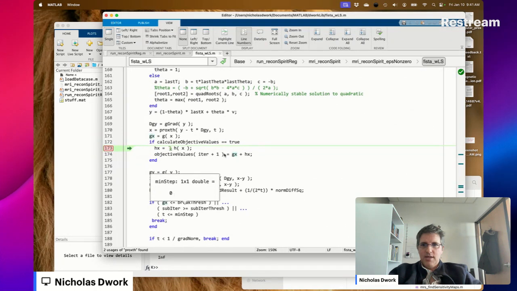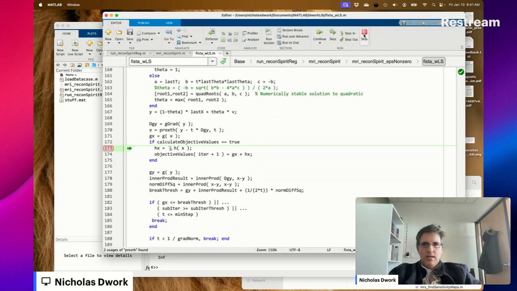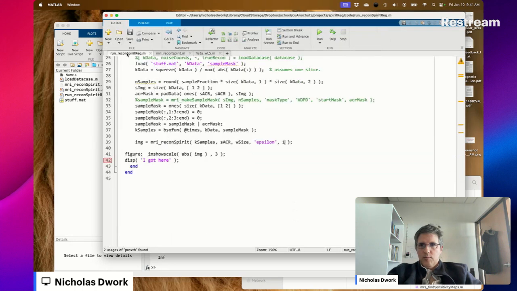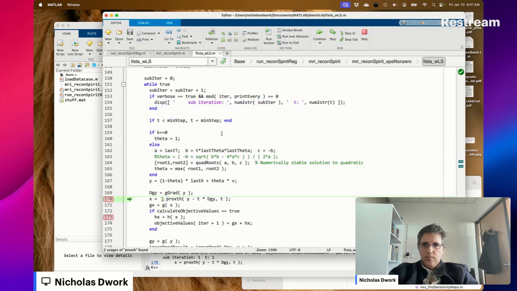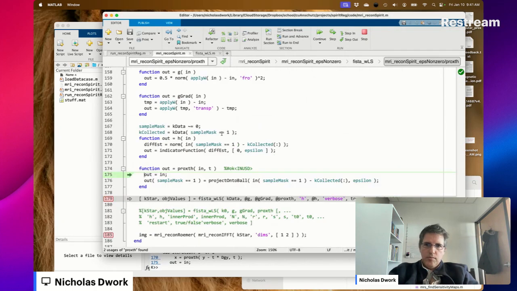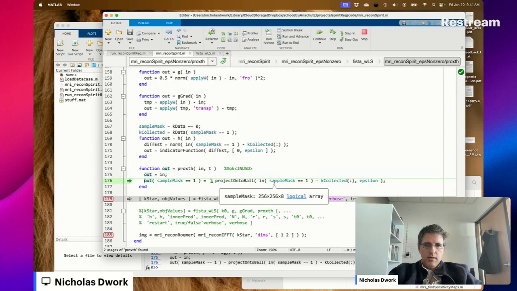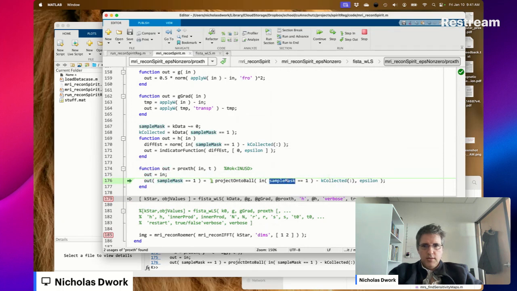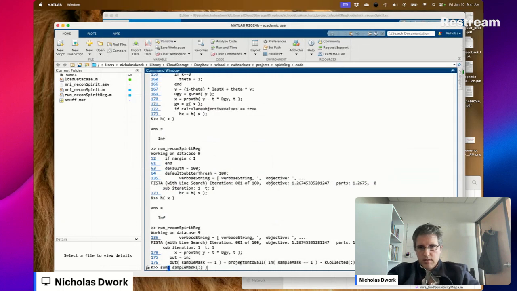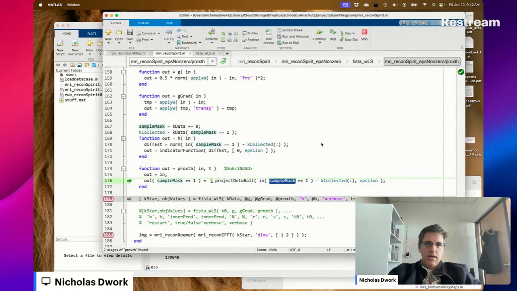Oh, for the line search, okay. Project on the ball. 179040, okay.